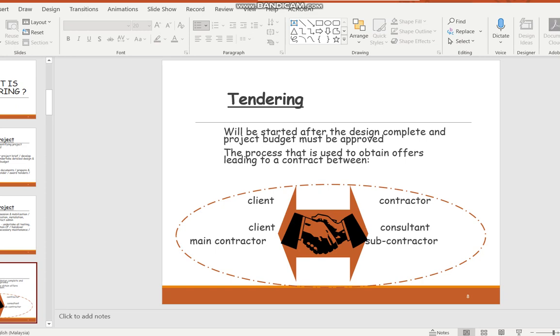Normally there will be some form of design ready, technical documents ready, and then you want to obtain their offer, and the offer has to be based on some form of budget that has been approved and a concept that has been there. It can also start as early as design, before the design is completed, depending on the procurement strategy and the contract type.